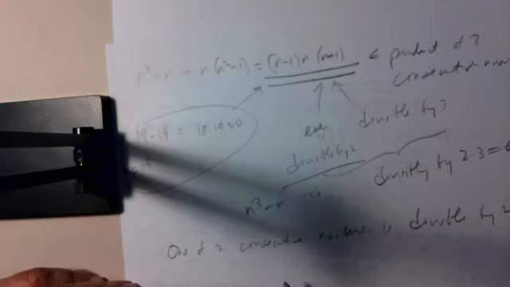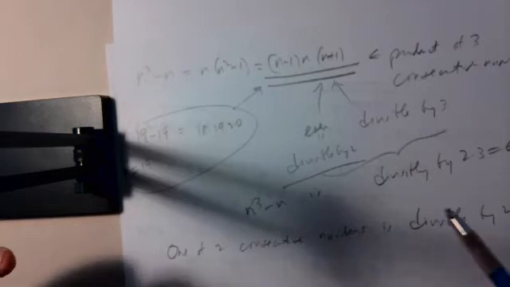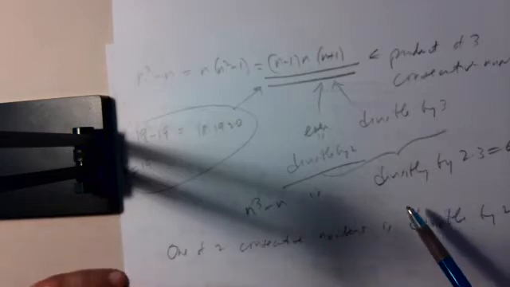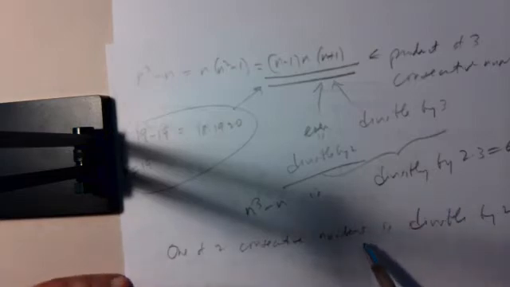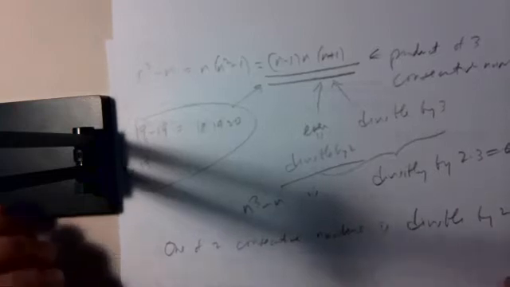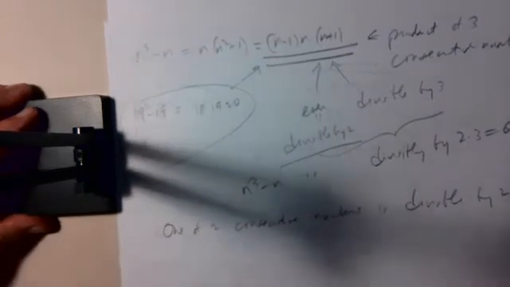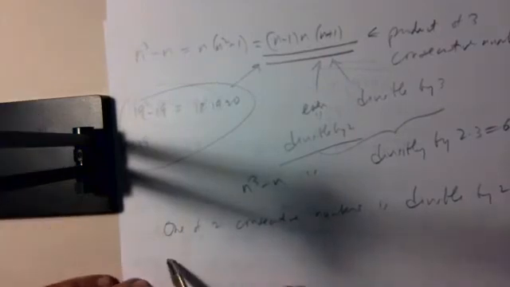Right? Because you give me a number, 8. 8 is divisible by 2. Give me a number like 13. Well, 13 is not divisible by 2, but 14 is. If you take 2 numbers in a row, one is even and one is odd. So if you have any 2 consecutive numbers, one of them is divisible by 2.